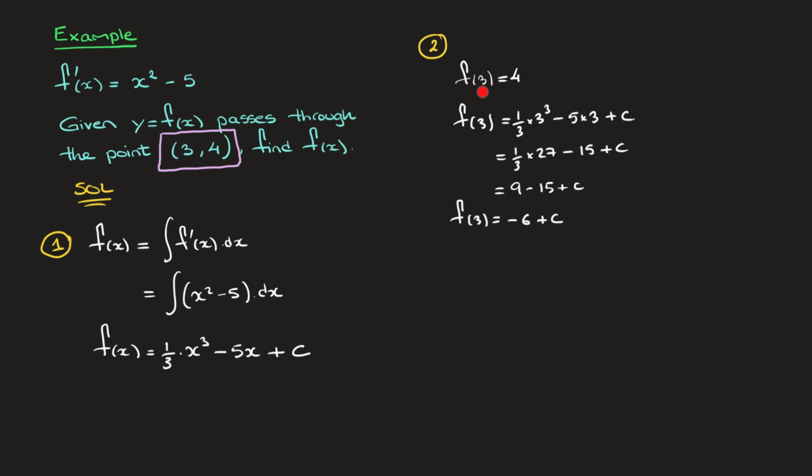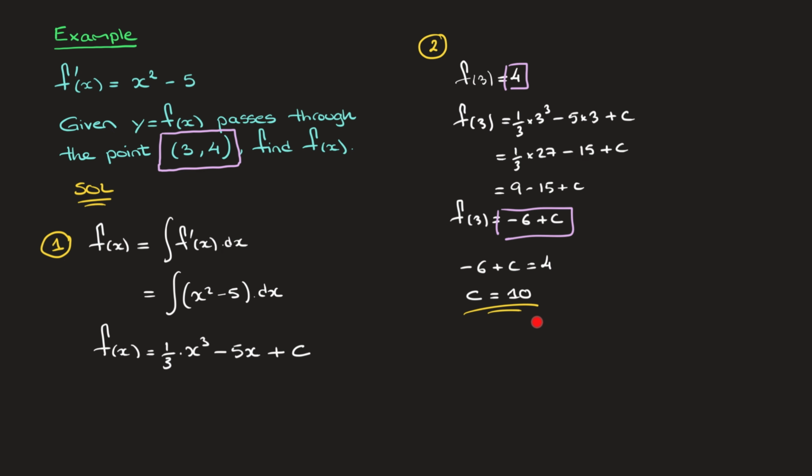Finally, since we know that f of 3 equals 4 and that f of 3 equals negative 6 plus c, we can equate 4 and negative 6 plus c to state that negative 6 plus c equals 4, and so finally c equals 4 plus 6, which is 10. And we've now found the constant of integration.